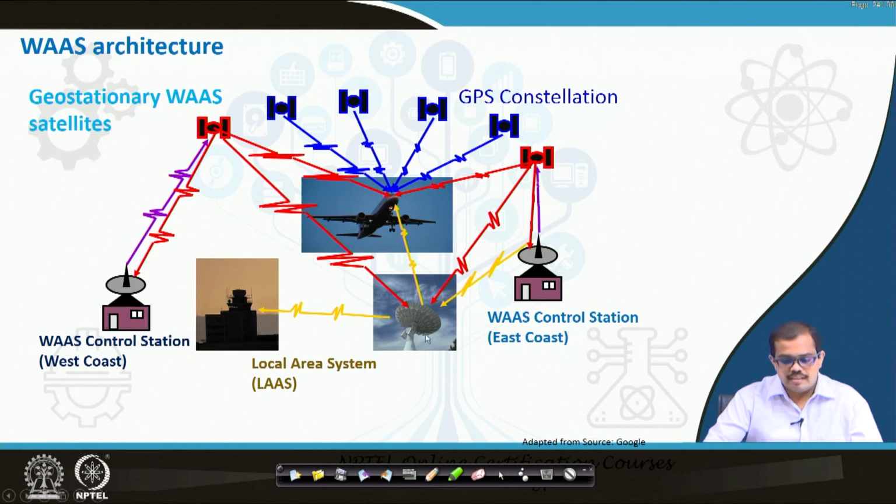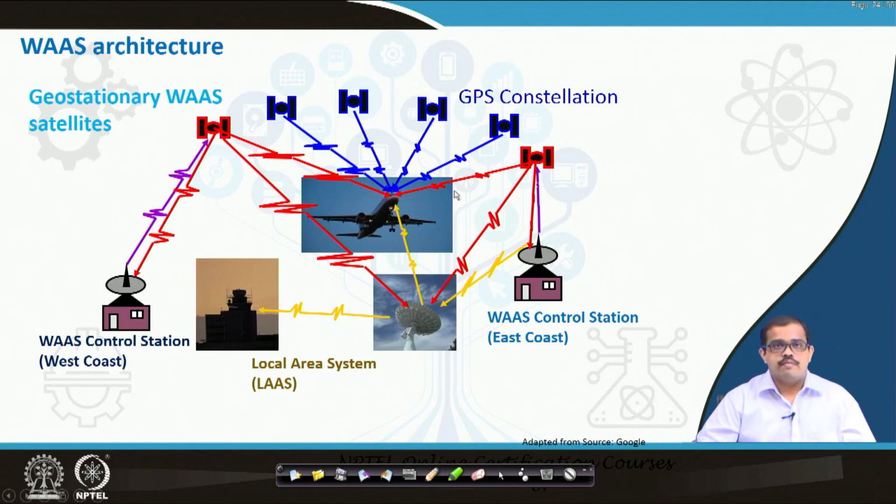Local area systems can be receiving stations on the earth's surface, naval systems like ships, or aircraft. Along with the corrected signals from the geostationary satellite, you have your GPS satellites providing signals, which means this is a corrected signal tracking all throughout the globe.